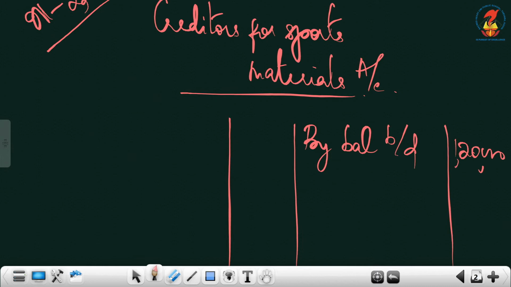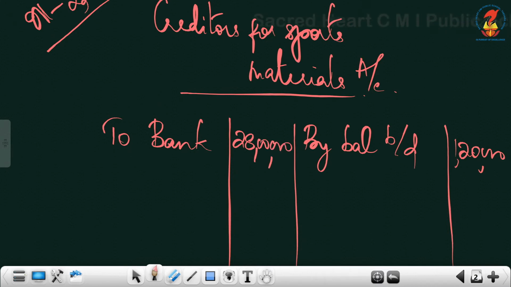Next what we can write is the to bank figure. From where will you take this? From the payment side. The payment side has 28 lakhs, which you write as to bank. Okay. Yes, so the account is over. There is no closing balance of creditors. We will find the balancing figure.